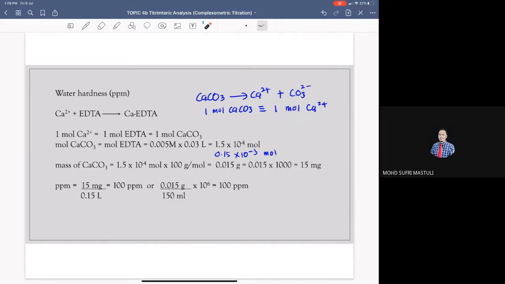This gram can be converted into milligram. Why do you have to convert it into milligram? As I mentioned just now, ppm is milligram per liter or milligram per kilogram.